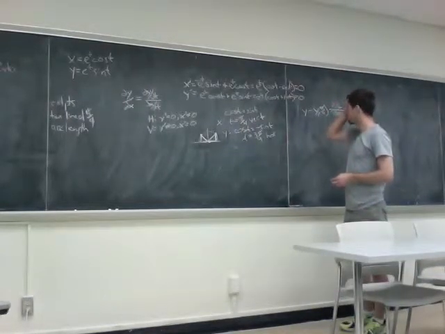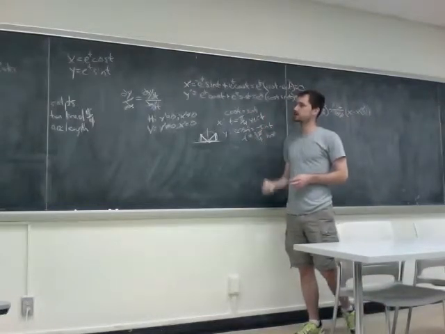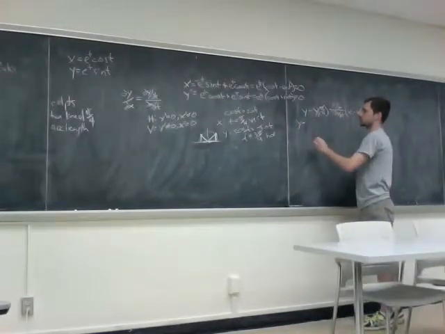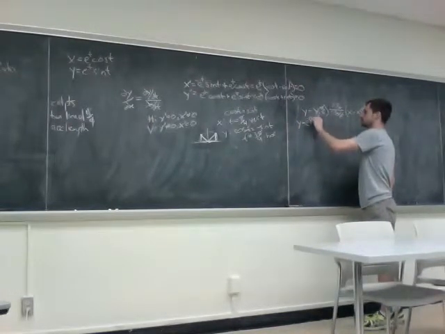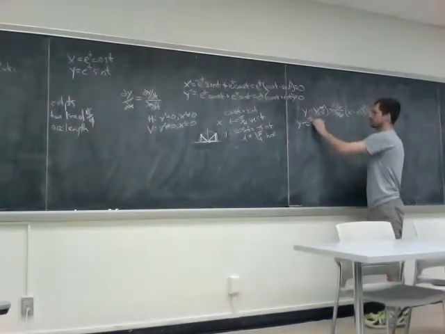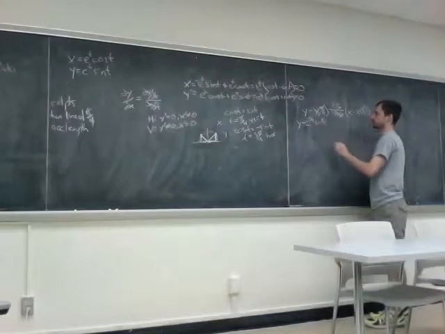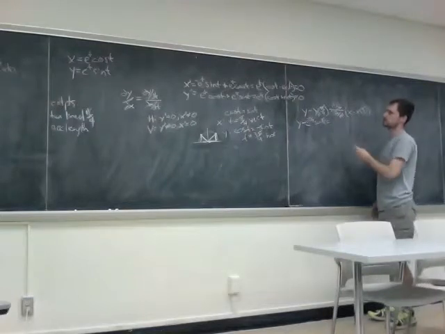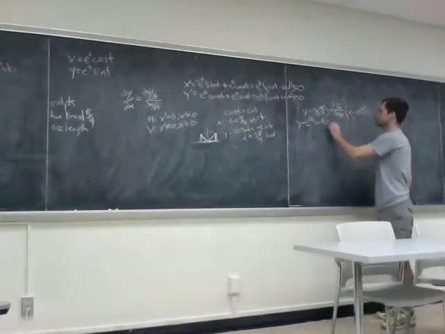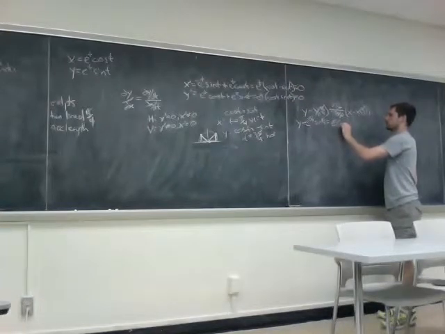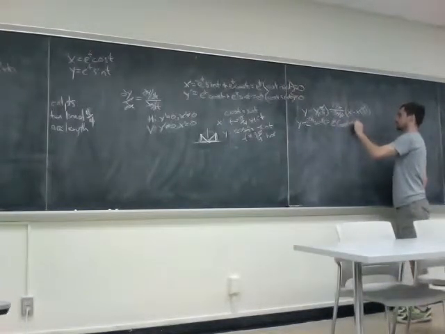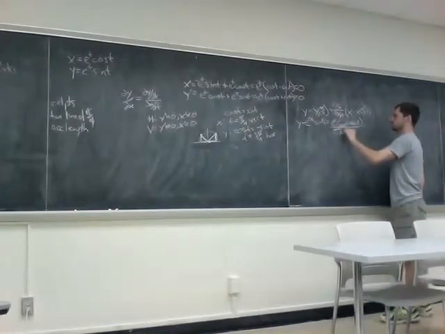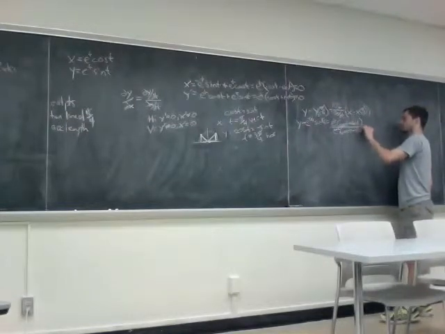So y of pi over 4, we'll look at our original. That's whatever sine of pi over 4 is. So it looks like that: e to the pi over 4 sine pi over 4. And then our part here, we're looking at this over this. We have e to the t cosine t plus sine t over e to the t cosine t minus sine t.